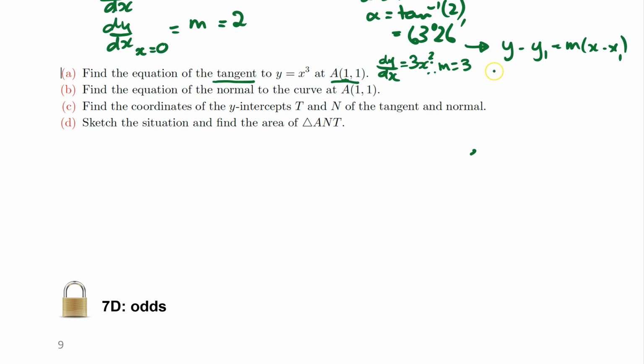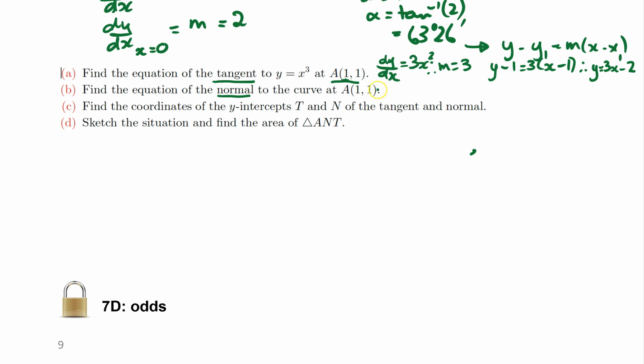And we've got the point, so if we plug straight into our equation, we've got y minus y1 equals m outside of x minus x1. And if we rearrange that into whichever form we like, well, we've got to have a sketch, so I might put it into gradient-intercept form. So that will be, and again apologise for the setting out, y equals 3x minus 3 and then plus 1, so 3x minus 2 as our equation for the tangent.